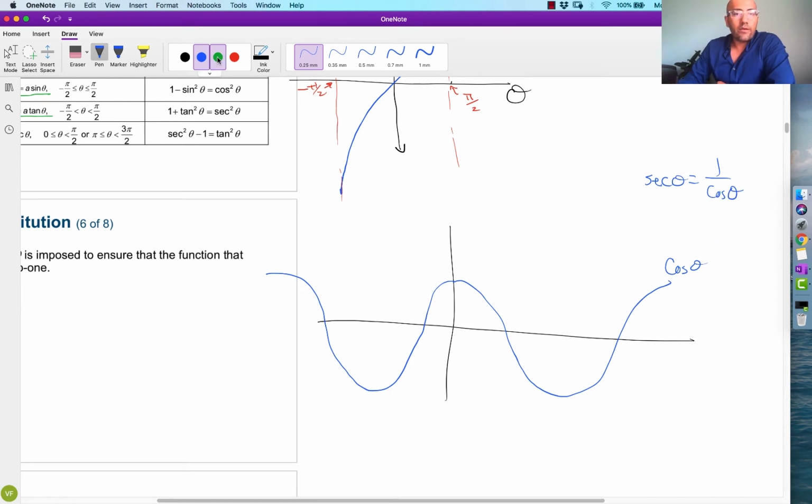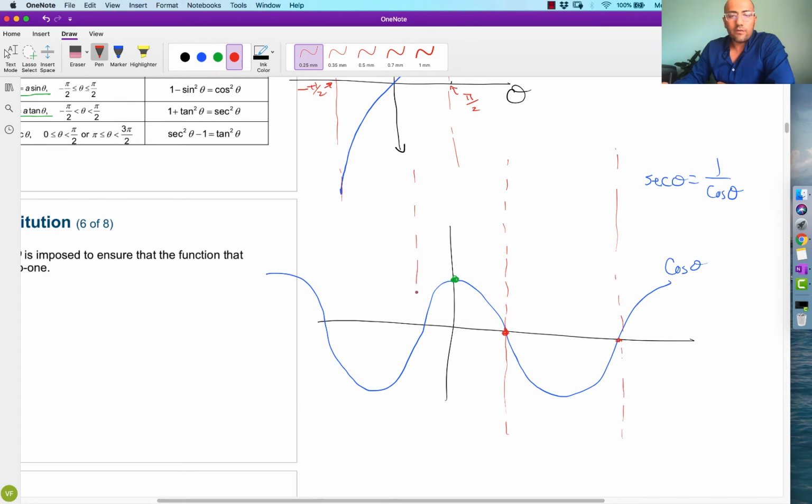So if we think about where this function goes, well, there at 1, 1 over 1 is 1. And then as the cosine approaches 0, as it gets smaller and smaller, the denominator gets smaller and smaller, so the whole output gets bigger and bigger. And there's going to be an asymptote right there at 0. So an asymptote there, an asymptote there. This goes this way, this goes this way.